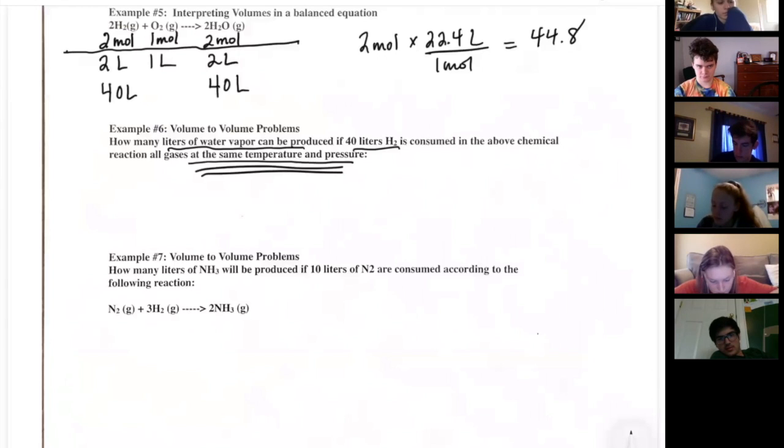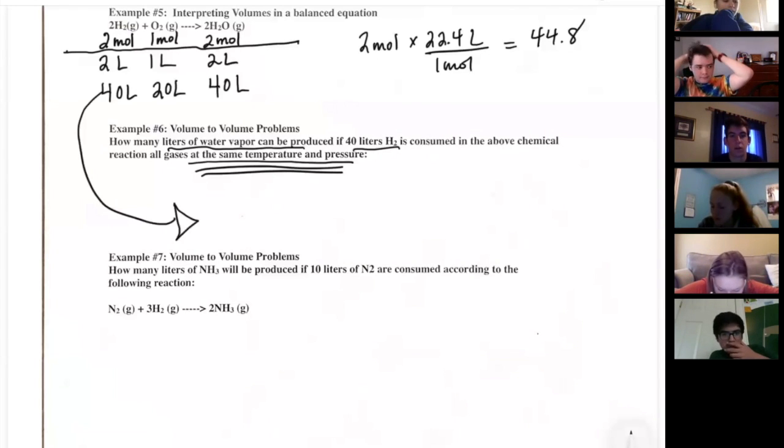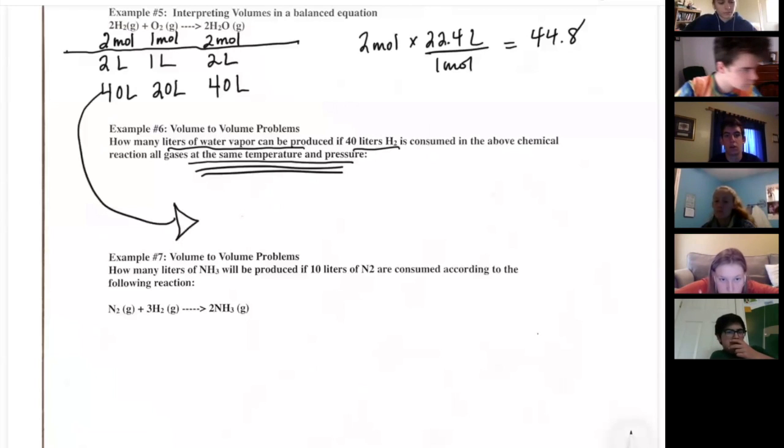How many liters of oxygen would I have? 20. So that's how you interpret volume to volume problems if they're all at the same temperature and pressure.